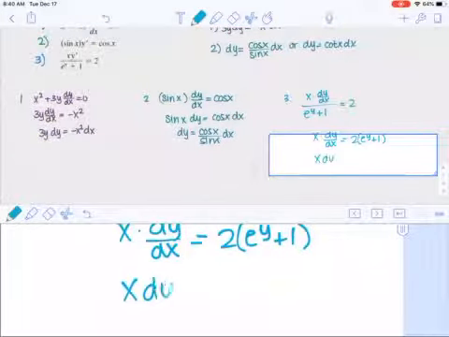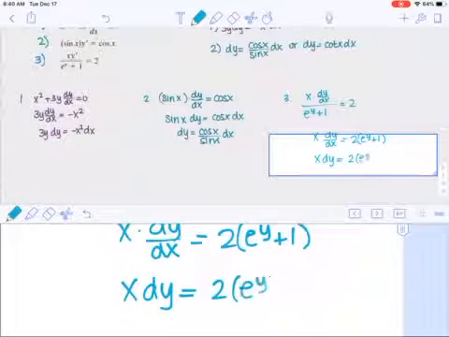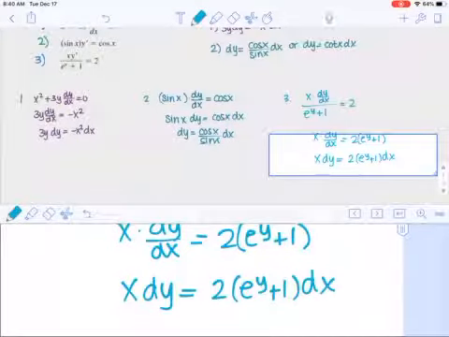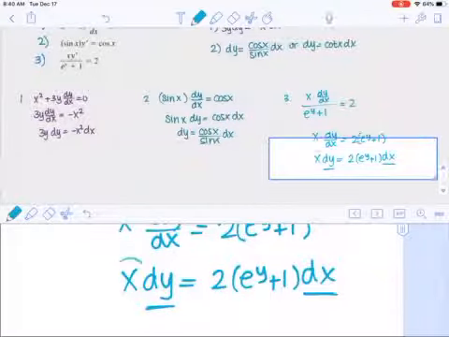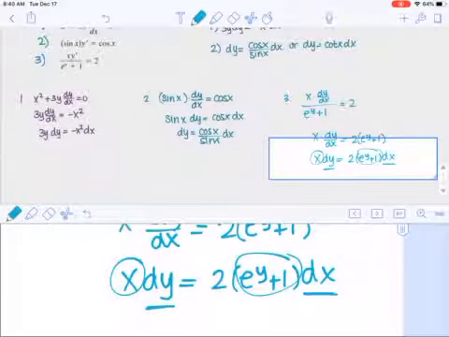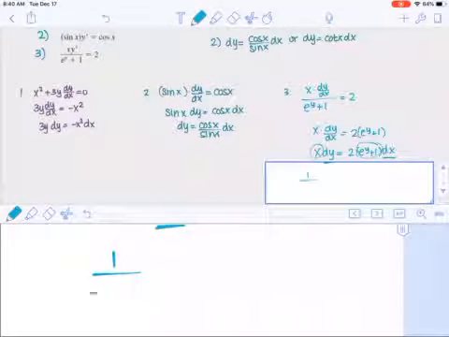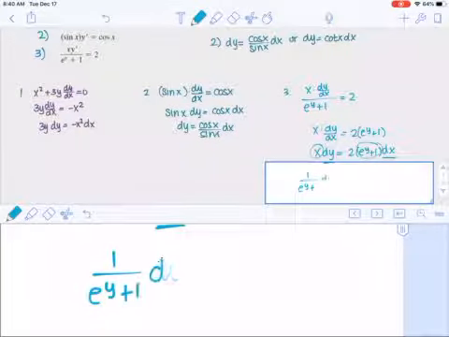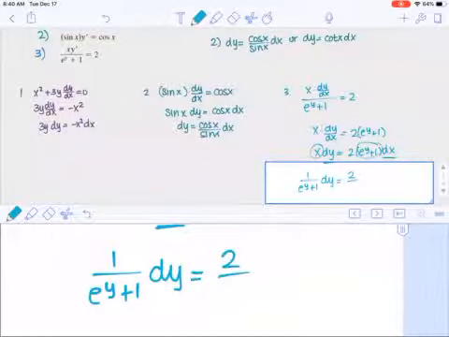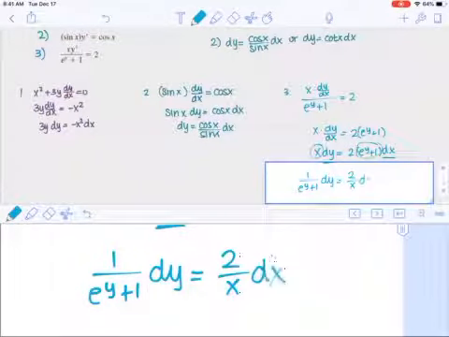You have to multiply both sides by dx to separate the x's and y's, and that means all of my y's need to be over here, all my x's need to be over there. So I'm basically going to flip-flop these. So I'm going to divide both sides by those, okay, making it 1 over e to the y plus 1 dy equals 2 over x dx, okay?